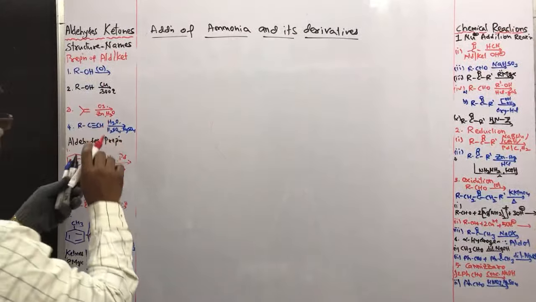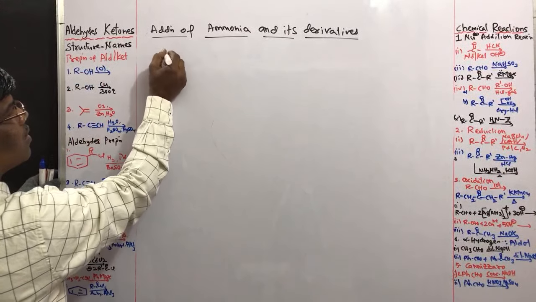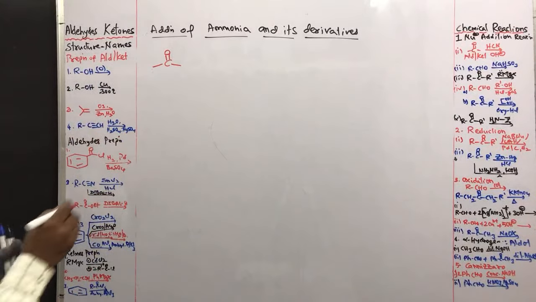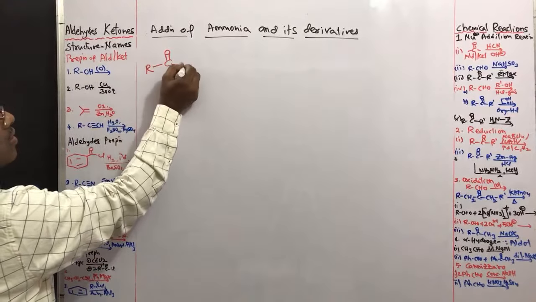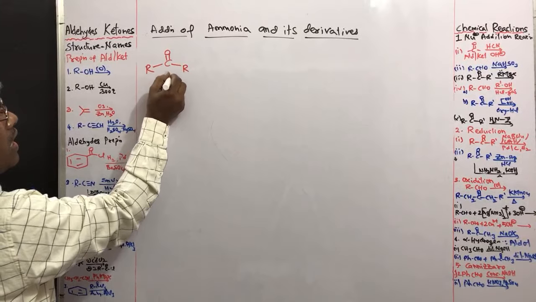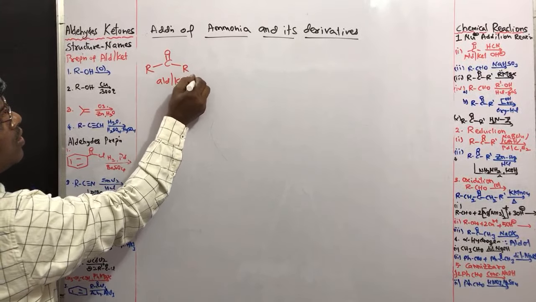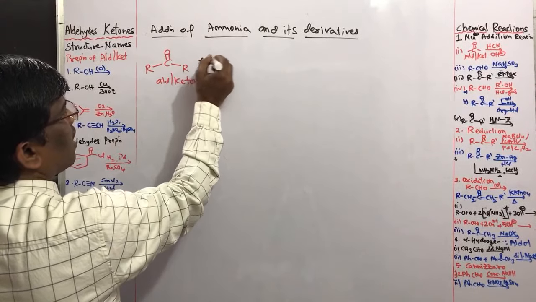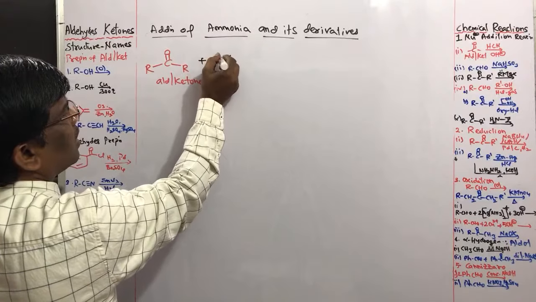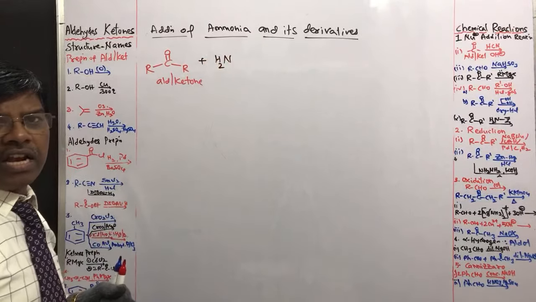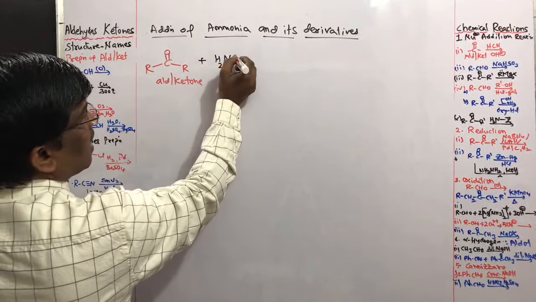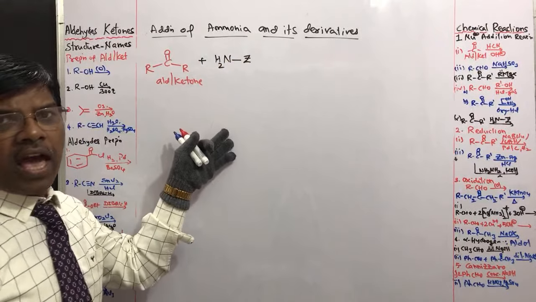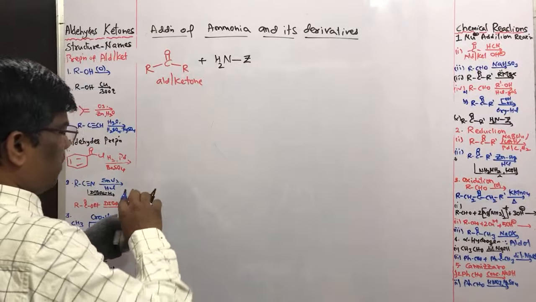So let me take one example. It can be aldehyde or ketone, both, any one of these two. When I treat it with amine NH2Z, so nitrogen having 2 hydrogens, and this group Z, let me write Z. Z can be various types of compounds you can prepare.